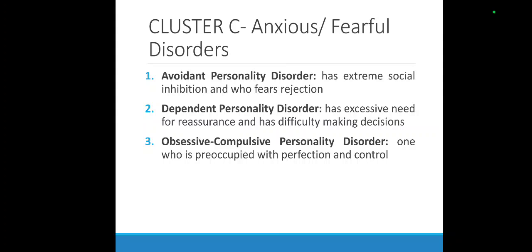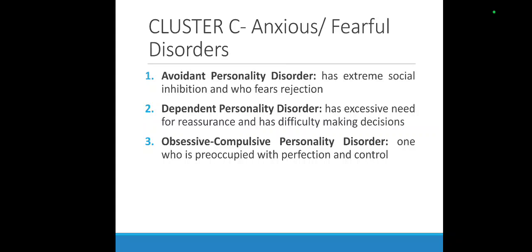They have the same characteristics, however there's a somewhat difference, because OCD, or a type of anxiety disorder, can be treated with medication. However, for personality disorder, they can only be treated with therapy mostly.